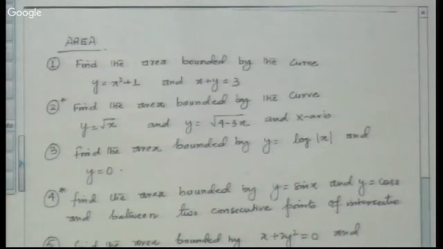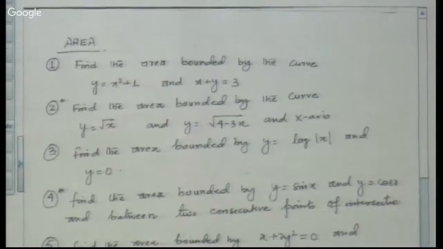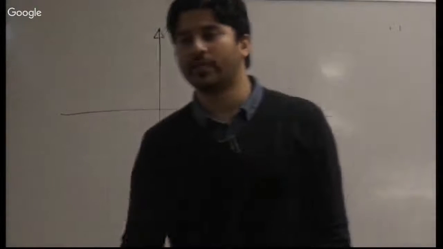You know how to sketch y is equal to root x? You know how to sketch root 4 minus 3x? We've already done that. How to go for it? First, I'm going to draw y is equal to under root 4 minus 3x.